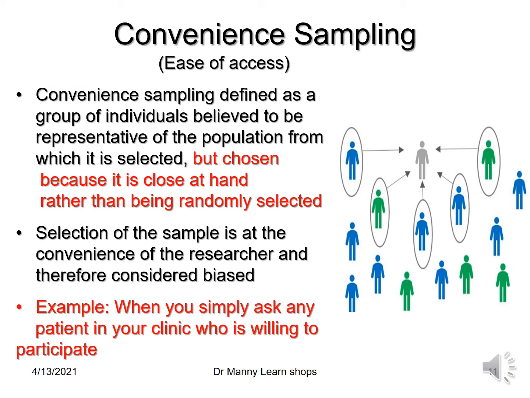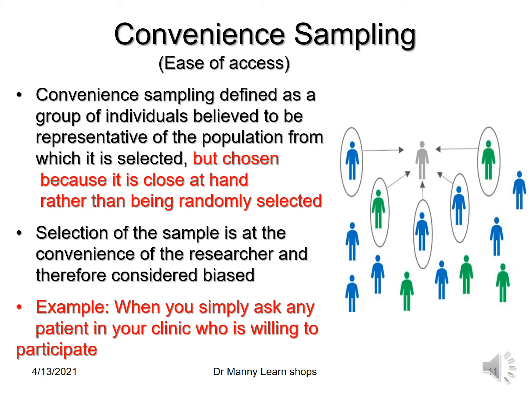It makes it easy. Convenience sampling can be defined as a group of individuals who are believed to be representative of the population from which it's been selected, but chosen because it's close to you. It's close at hand. It's easy, it's convenient, rather than being randomly selected.